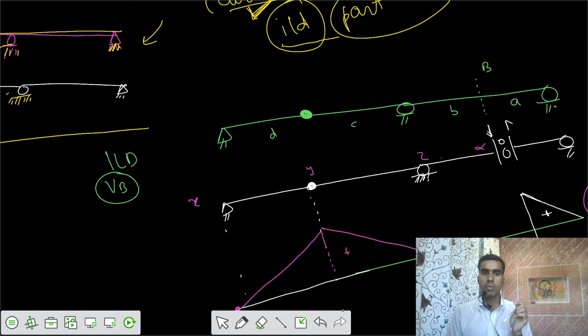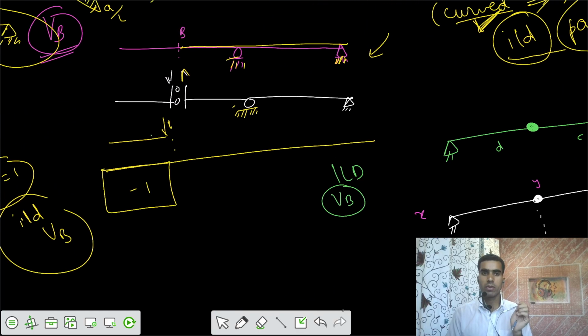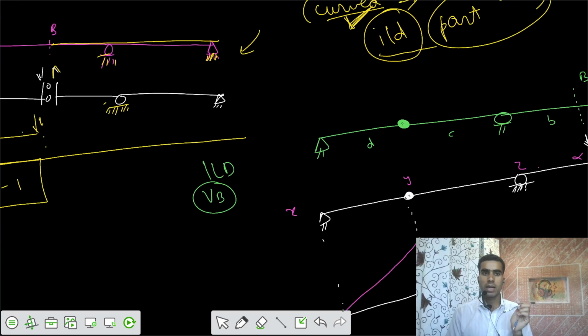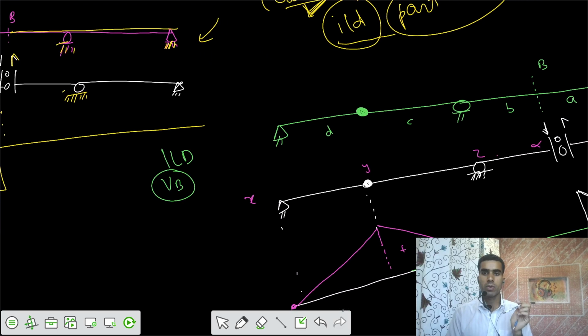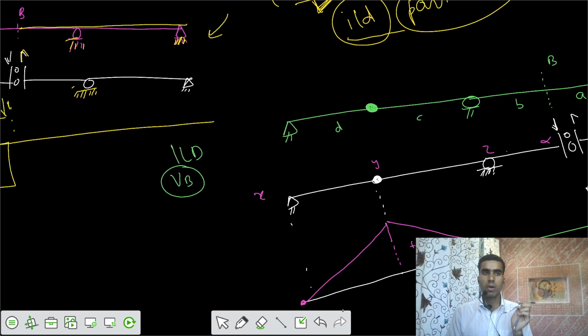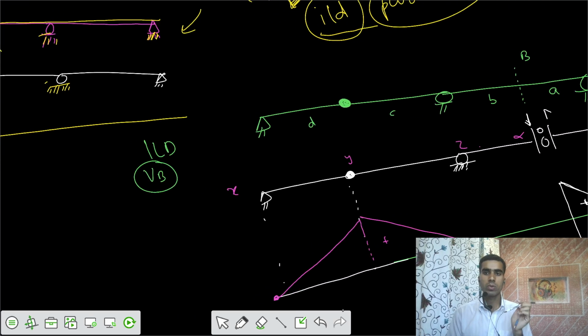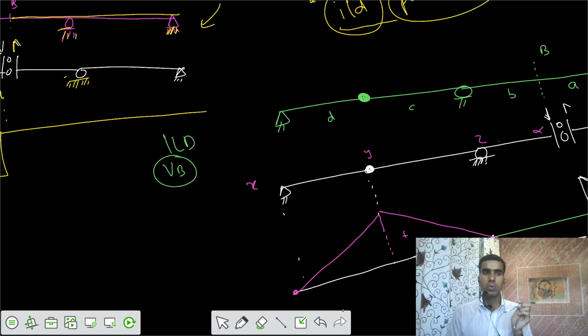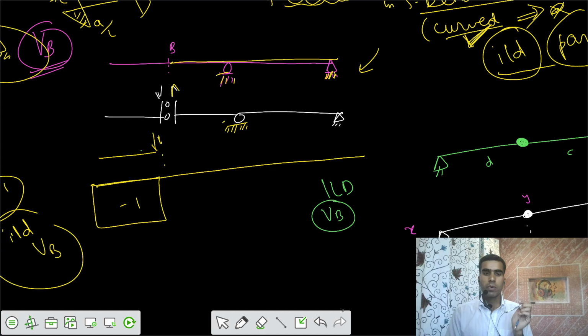In the previous problem, can you see the difference between the previous problem and this one? If you compare the two, in the previous problem there was no support here, and once you applied a shear of downward 1 unit, the entire part of the beam goes downwards by 1 unit.